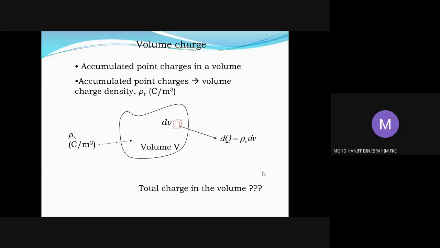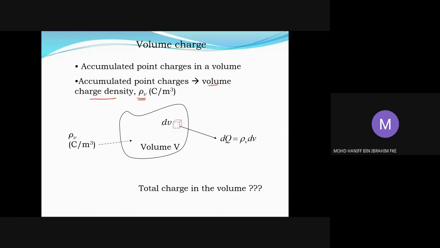We define it with the symbol rho v, the volume charge density, and the unit is coulombs per meter cubed, because we have a volume. So coulombs per meter is for the line, coulombs per meter squared is for the surface, and coulombs per meter cubed is for the volume.